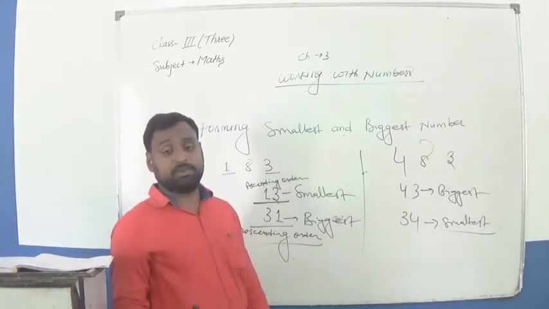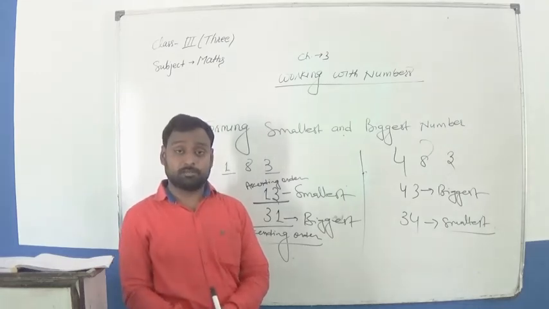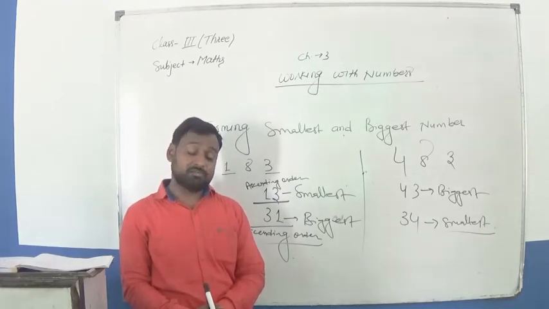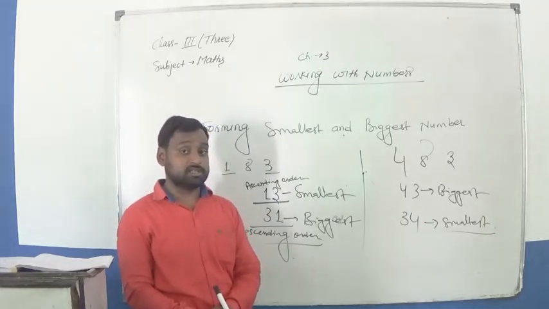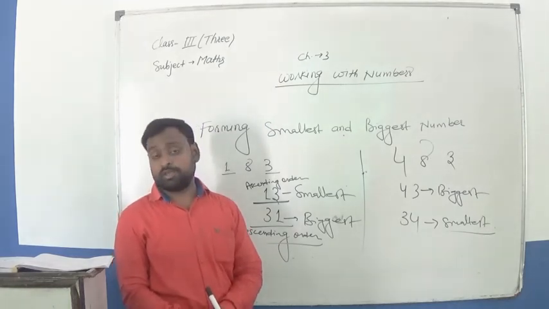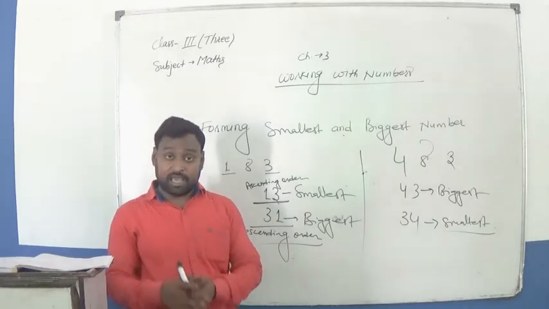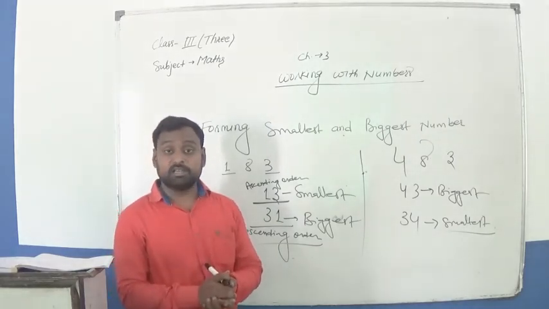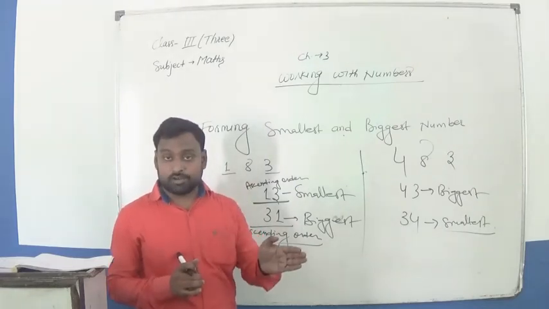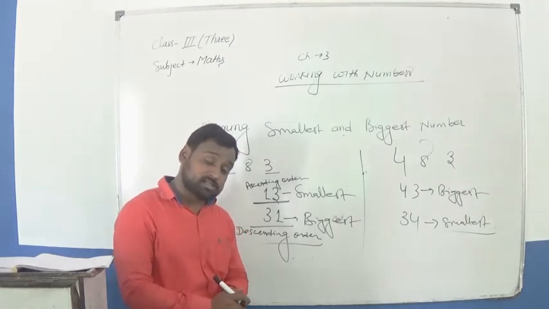There is only one thing we have to keep in mind during formation of biggest and smallest numbers from the given digits: the arrangement of the digits. When we arrange the digits in ascending order, it forms the smallest number.